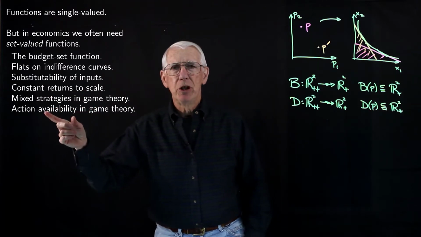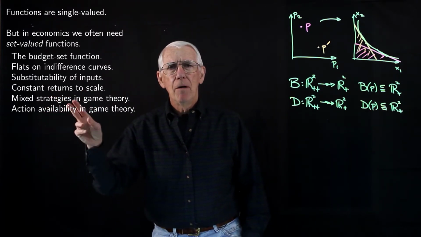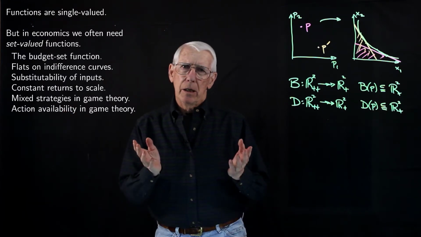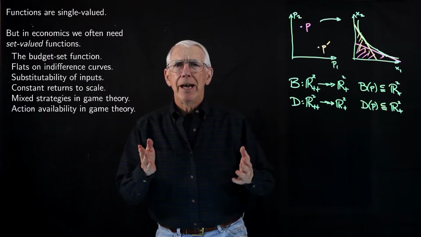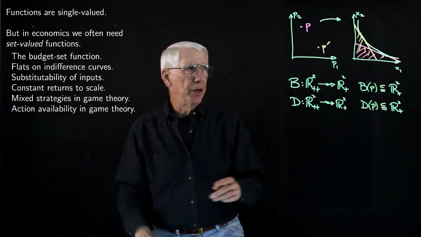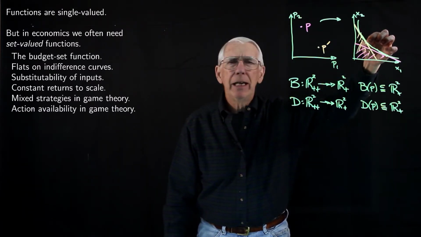We have substitutability of inputs, and we have constant returns to scale. Both of those are situations where the firm's production technology has one or more flat spots of some kind, much like the flat spot on the indifference curve here.